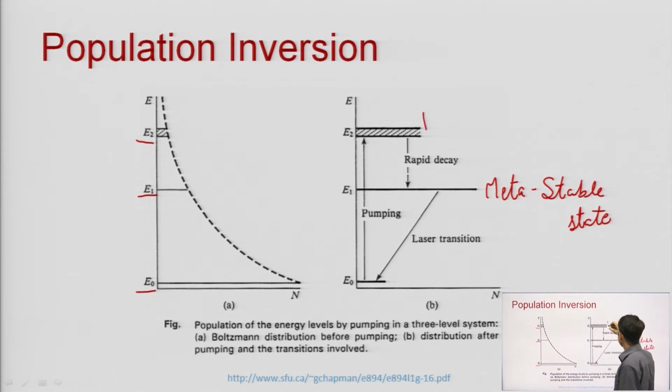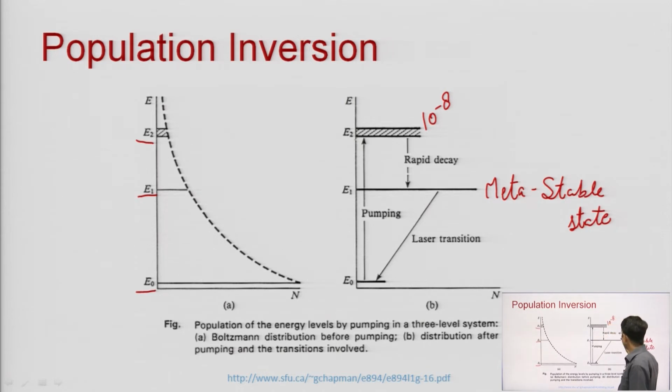So, for 10 to the power minus 8 seconds, electrons will stay in the E2 state and they will jump to the E1 state. Over here they can stay for a longer time, maybe 10 to the power minus 5 seconds or 10 to the power minus 3 seconds. So, what will happen? These electrons absorb energy, jump to this state and rapidly come to this state.